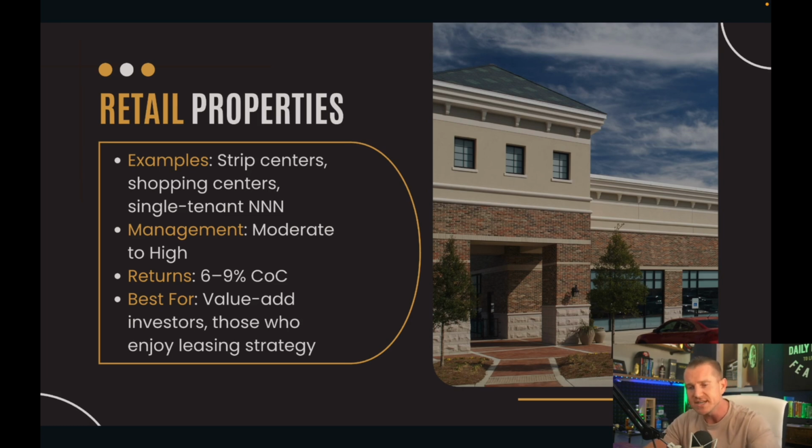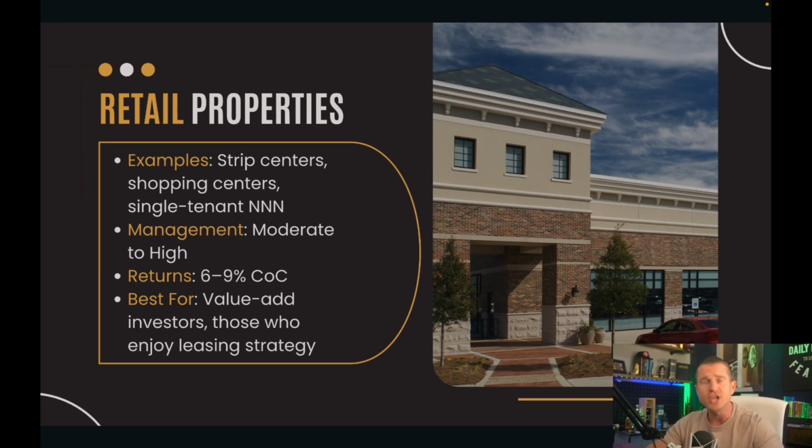So in retail properties, you've got strip centers, shopping centers, and the big power centers, the Home Depots, the Walmarts. And then sometimes you even have the single tenant, triple net, standalone properties, maybe quick service restaurants like fast food, or a Starbucks drive-through. Those can also be considered retail.